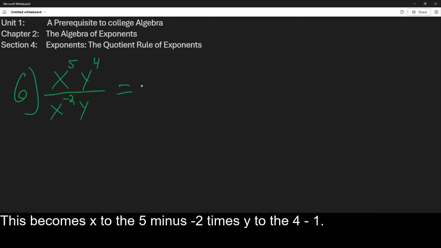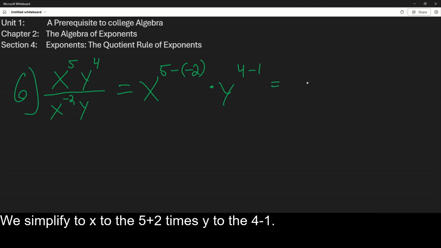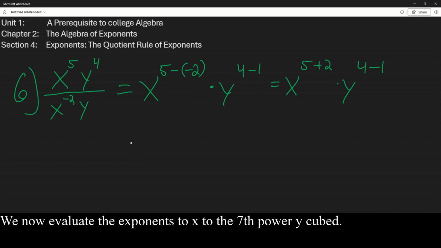This becomes x to the 5 minus negative 2 times y to the 4 minus 1. We simplify to x to the 5 plus 2 times y to the 4 minus 1. We now evaluate the exponents to x to the 7th power y cubed.